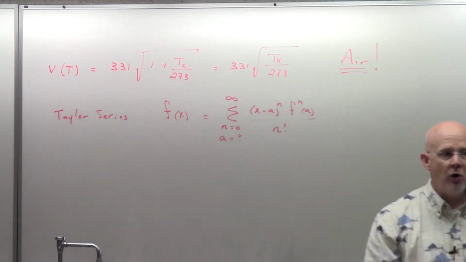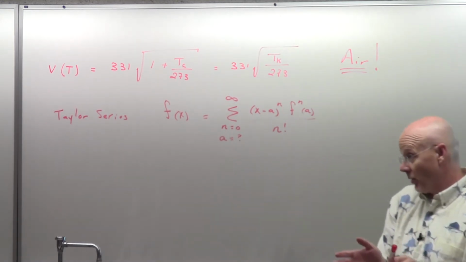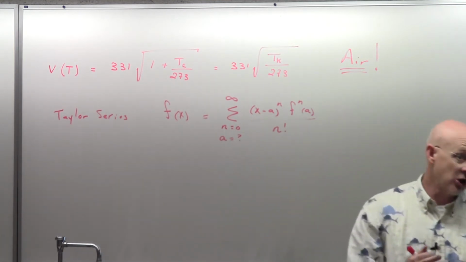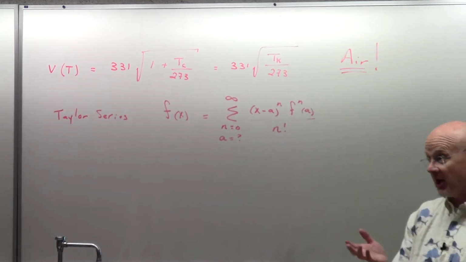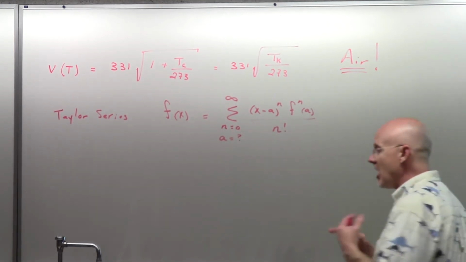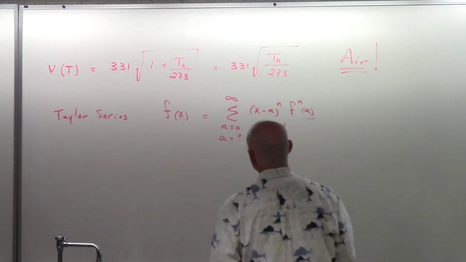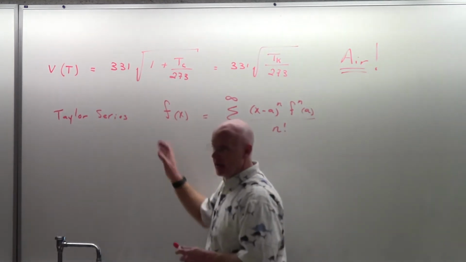And polynomials are so easy to work with. Or I shouldn't say so easy, but a lot easier to work with. And they're really easy to integrate or differentiate, right? And so changing a function into a polynomial is kind of nice.